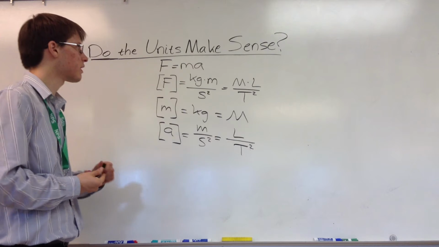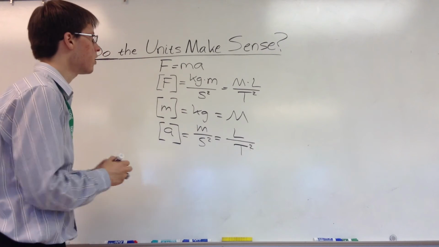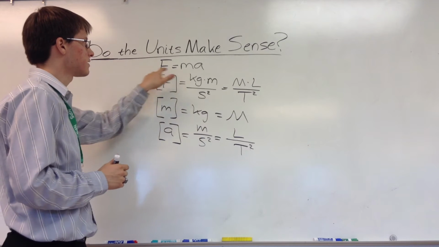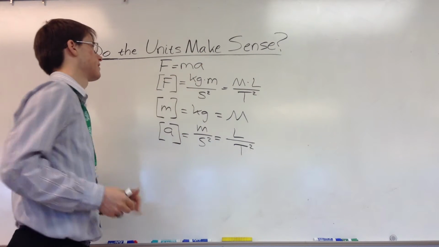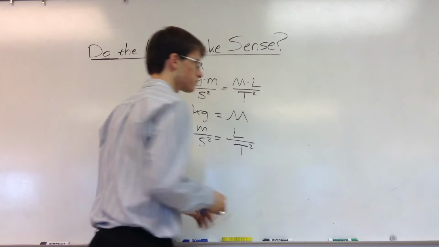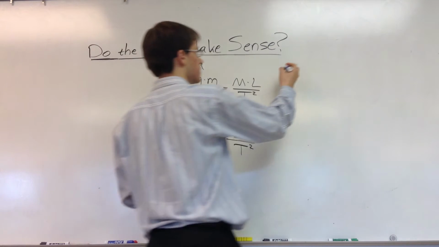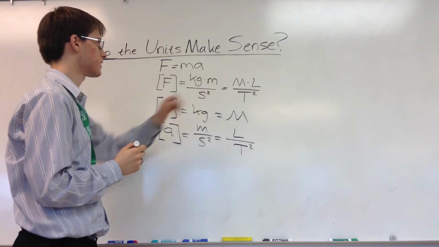Now what we have to do is figure out whether every term in this equation makes sense. So recall that a term is anything separated by a plus or minus sign. If you don't see any, well, this is a term and that's a term. So looking at the terms, we've already done what the units of F are: kilograms, meters over second squared.